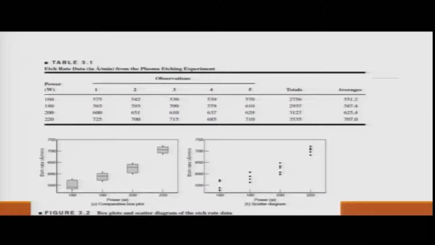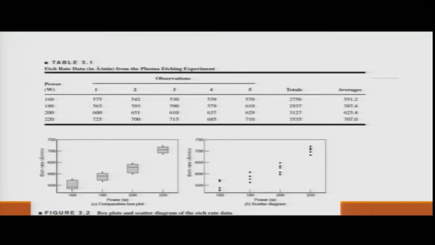Taking this information from, as I said, the Montgomery book, the table discusses the etch rate in angstrom per minute from the plasma etching experiment which you have done. You have observations which are marked as 1, 2, 3, 4, 5, and the powers are given on the leftmost column, starting from 160, 180, 200, 220, and the totals are given from where you find out the averages.